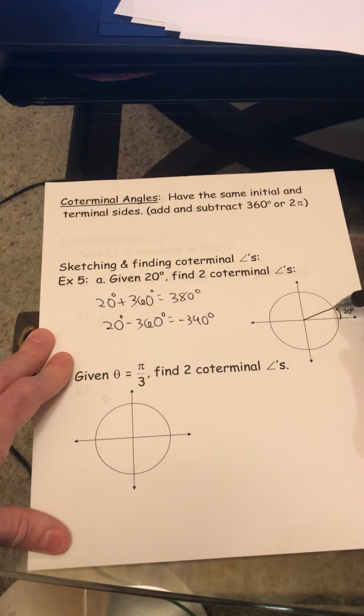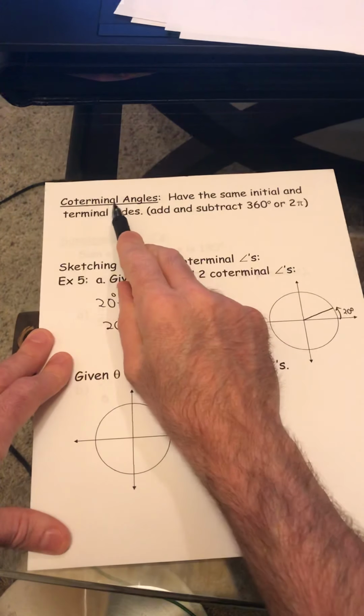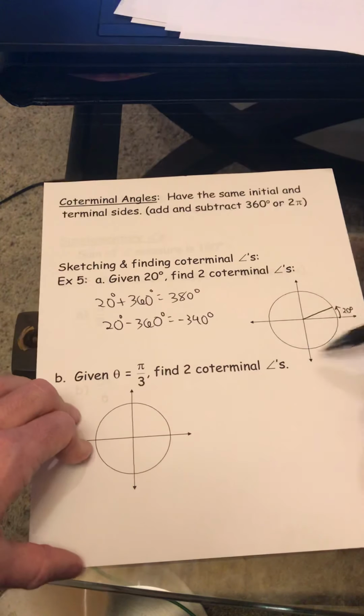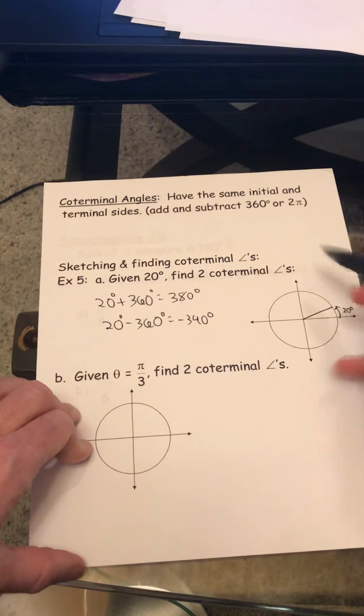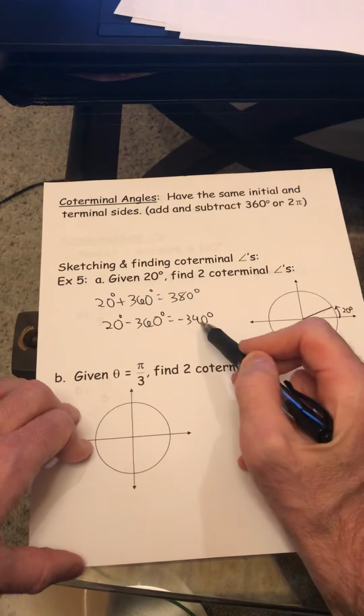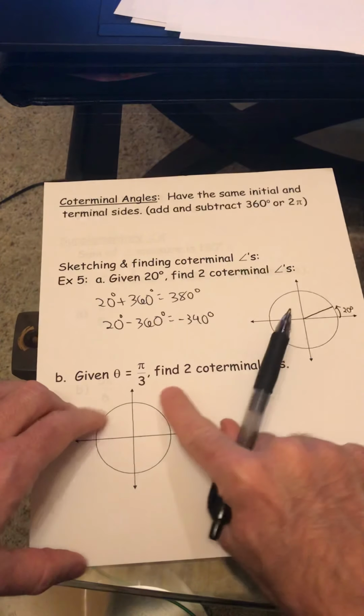Again, whether I go 20 degrees counterclockwise or negative 340 degrees clockwise, we are in the same spot. That's what coterminal angles represent. Meaning, because you can go around the circle an infinite number of times or in a different direction, you can have different angle measures that put you in the same spot.